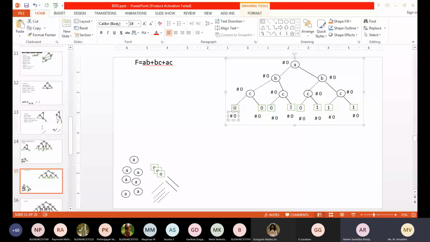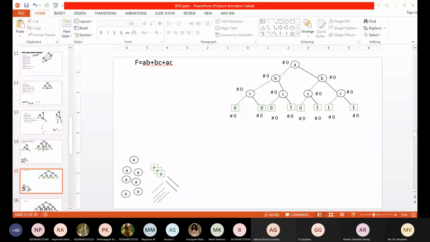Next, Akash ready? For the second one, what is the number? Second leaf node? 0. Okay. Next, Sai Krishna, third leaf node. 0, ma'am. Fourth leaf node also 0.